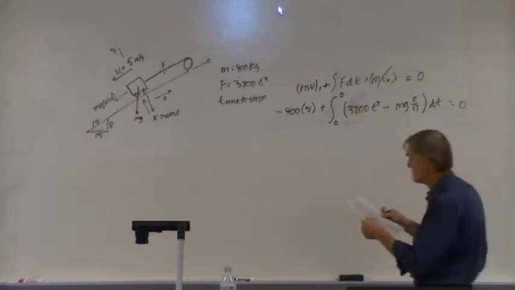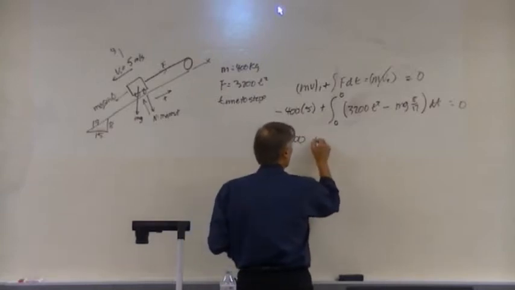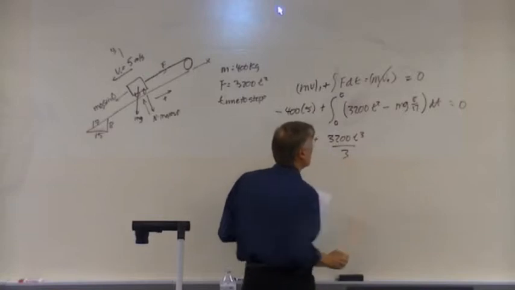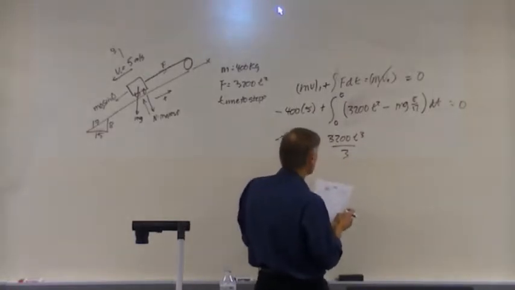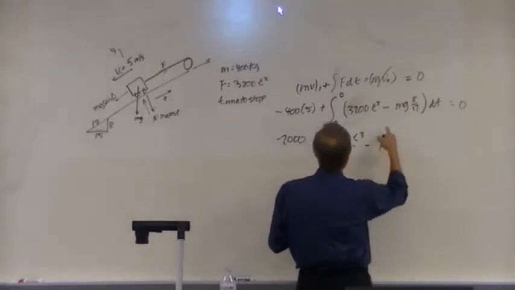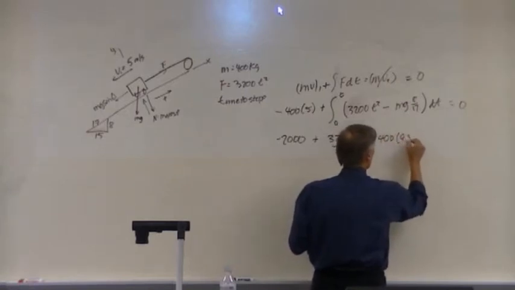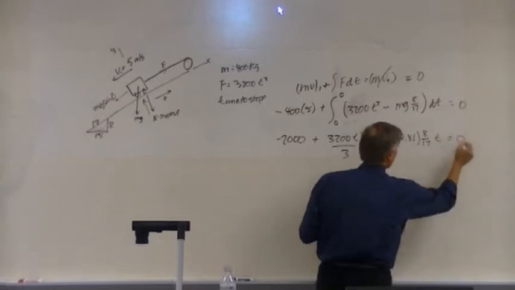So I got minus 2,000, and I got plus 3,200 t cubed over 3 from 0 to t, so that's just t cubed since it starts at 0, minus mg, which is 400 times 9.81, times 8/17 times time. Okay.